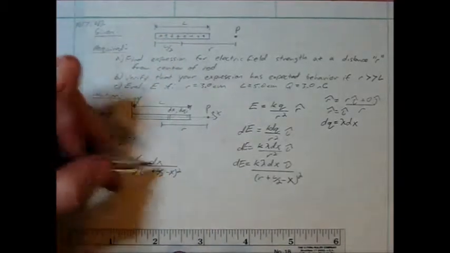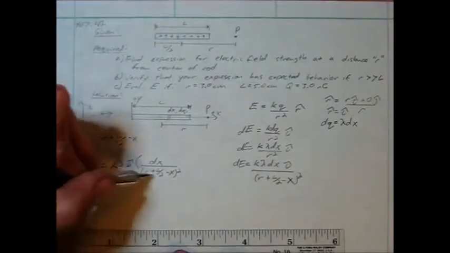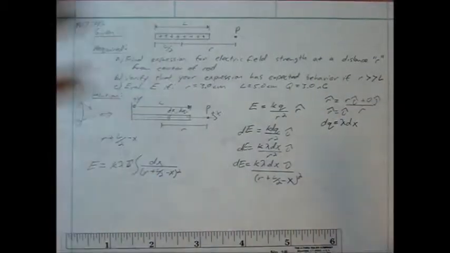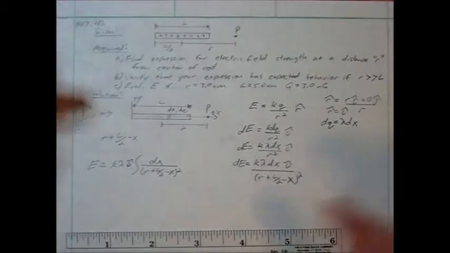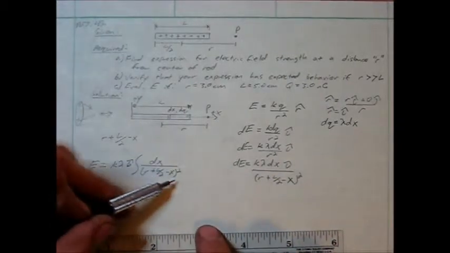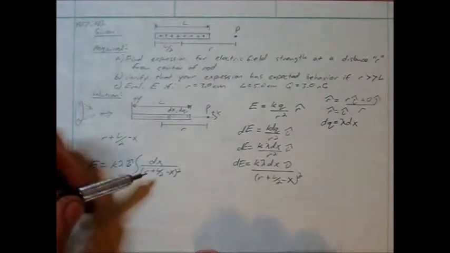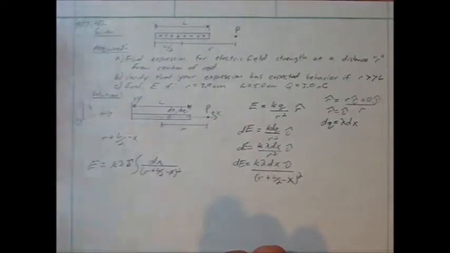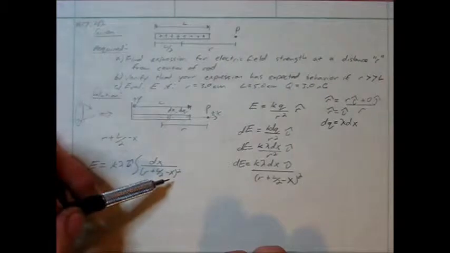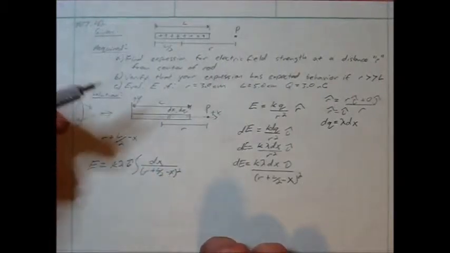Not to panic, this isn't nearly as bad as it looks. These are just constants. If you have a constant in some parenthesized expression with an x in there, when you take the derivative of that, all the constants go away. There's no x attached to them. The only thing that would matter is this x.